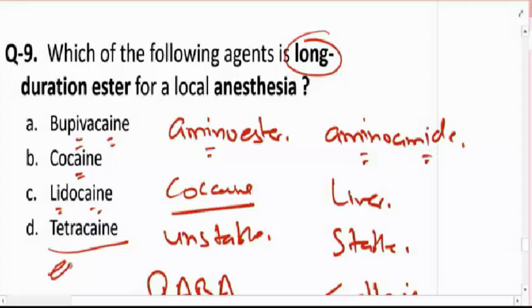Tetracaine is an ester which is of long duration and is used for spinal anesthesia.